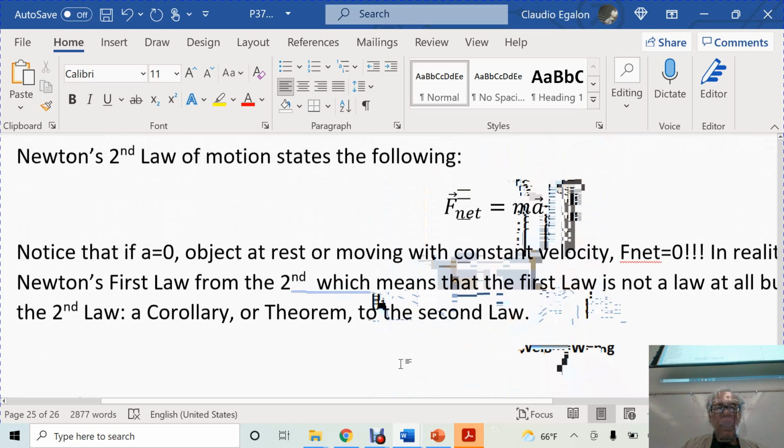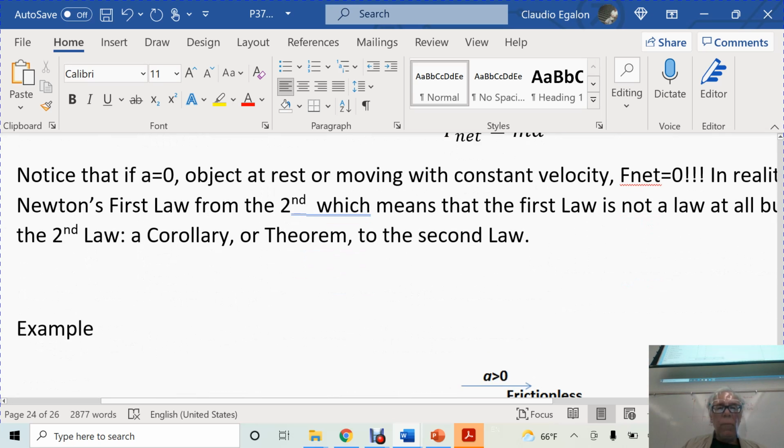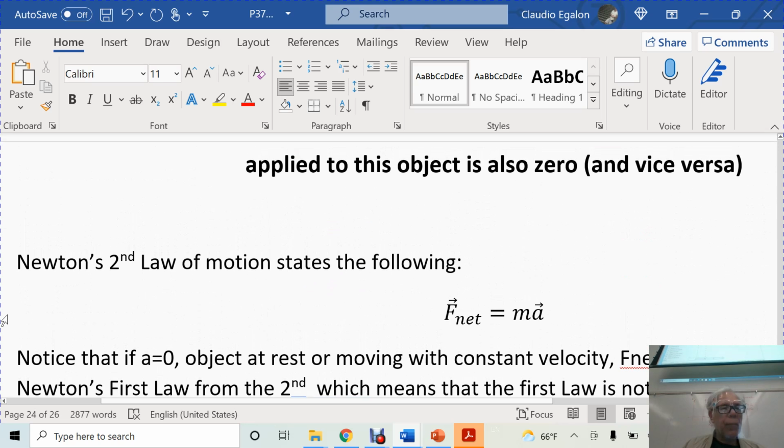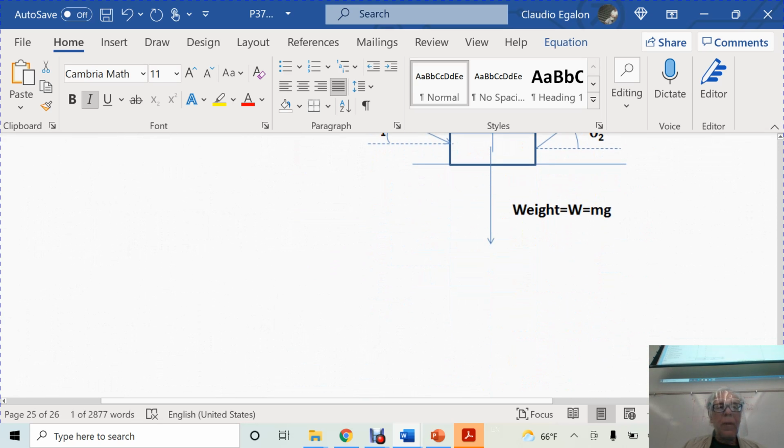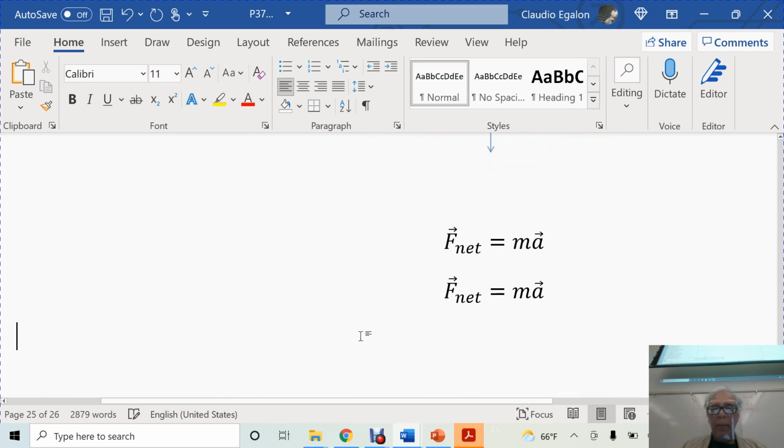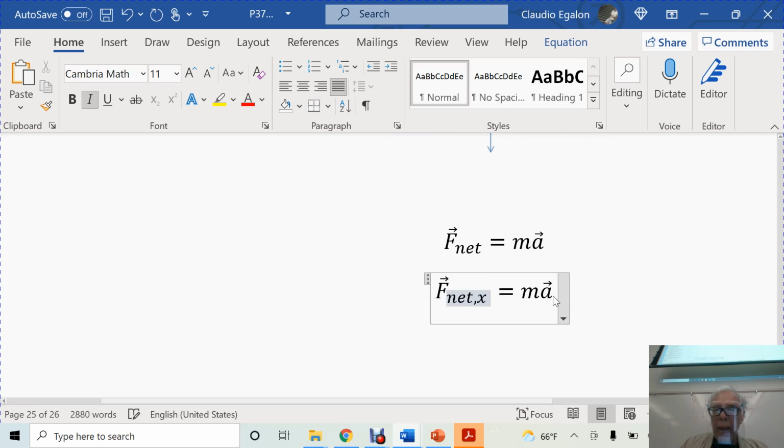Okay, so here we go. Net force is MA, and then it can be broken down. Net force in the x direction, acceleration in the x direction.